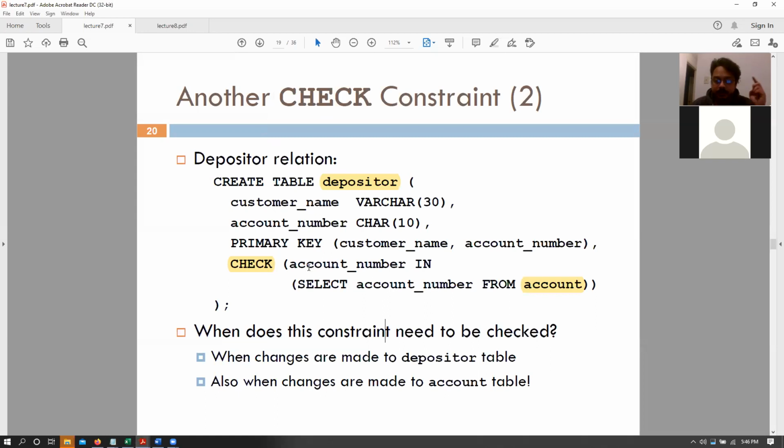So either way, whenever we are using referential integrity constraints on our tables or multiple tables, we would need to make sure for both of those cases, basically when changes are made to the depositor table or the referencing relation, and whenever changes are being made to the referenced relation as well.